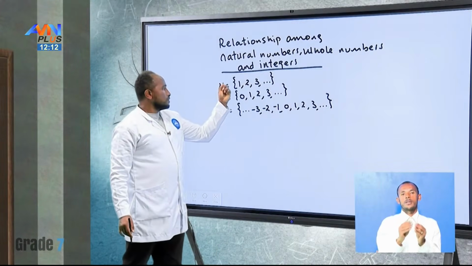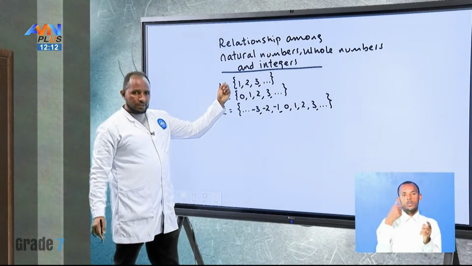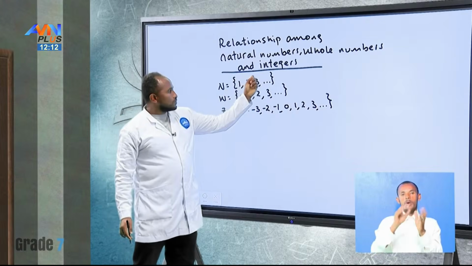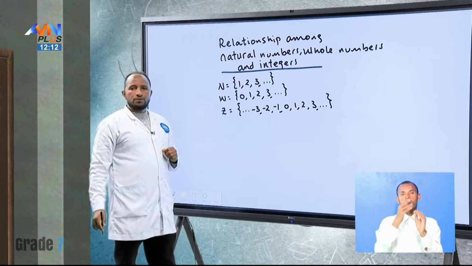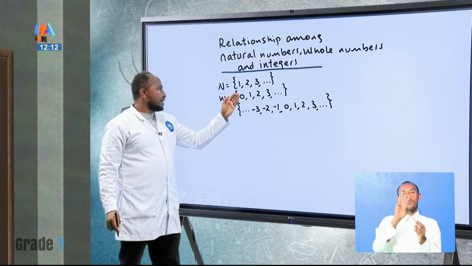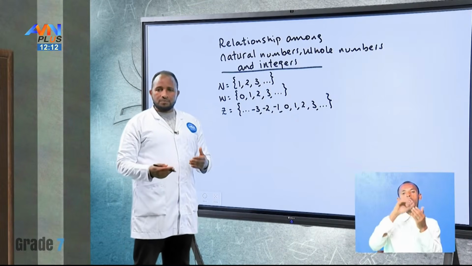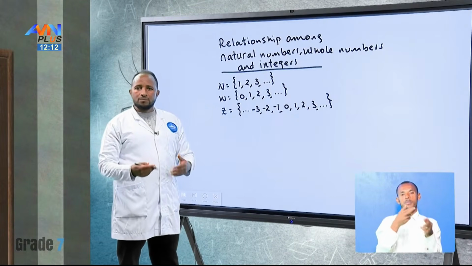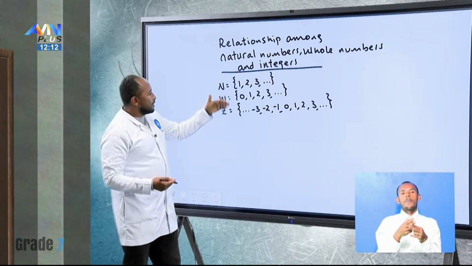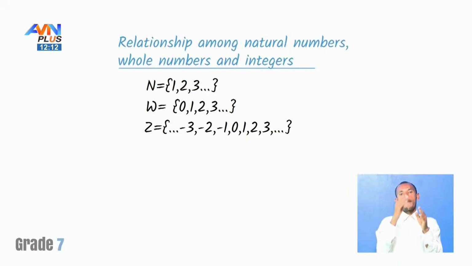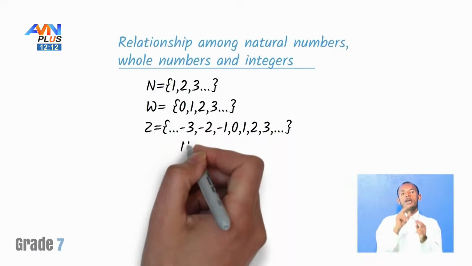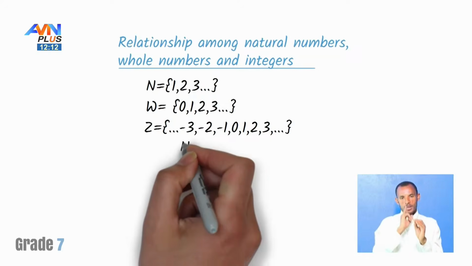Now, when you say set of natural numbers, all natural numbers are found in the set of whole numbers, and whole numbers have more elements. Such a relationship we call a proper subset. Therefore, the set of natural numbers is a proper subset of whole numbers.